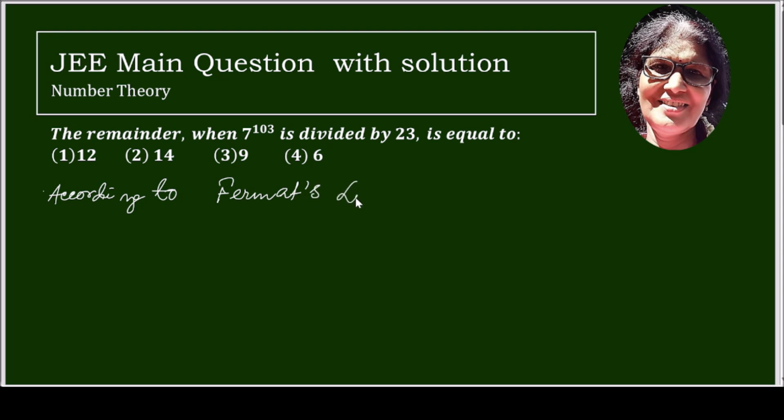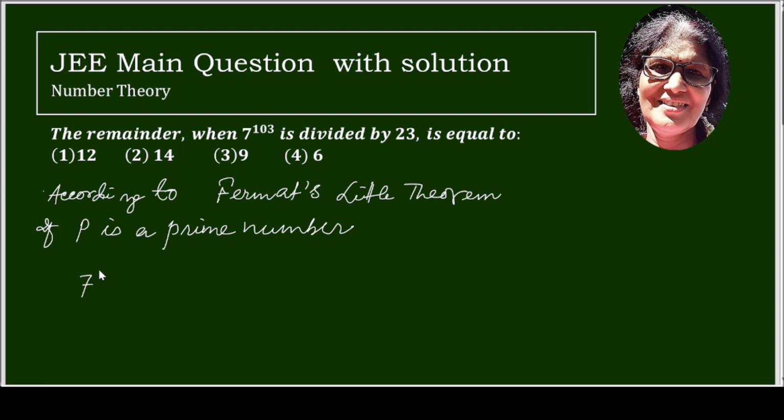So according to Fermat's little theorem, if P is a prime number, suppose you have 7 raised to the power P minus 1 is congruent to 1 modulo P, when 7 and P are coprime, they don't have any common factor.